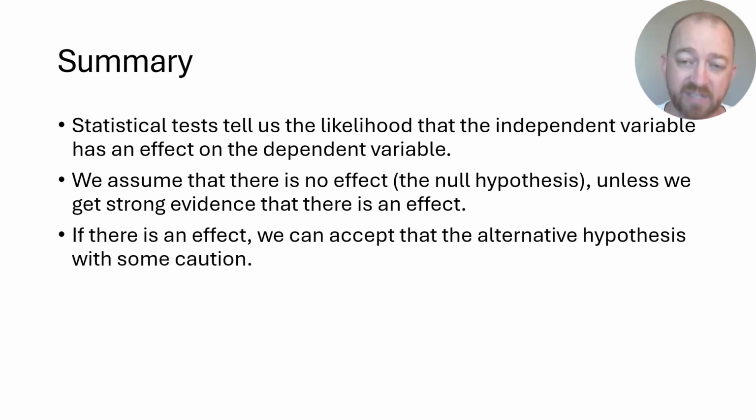So then if there is an effect, we accept our alternative hypothesis, but with some caution, because you don't immediately say that, oh, A causes B. At that point, you need to now revise or come up with new experiments, new observational testing, and you probably want to replicate your findings as well before you just start jumping to conclusions, but it's still a good sign.